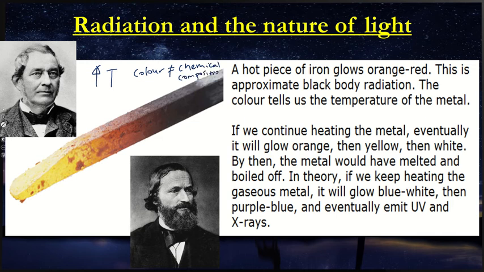Chemical composition does match with color under low pressure or low temperatures, but at high temperatures, it doesn't matter. It goes from red, to orange, to yellow, and then goes white as the temperature increases in this direction. So they found that temperature had a major role in the color you see on an object if it was really high.